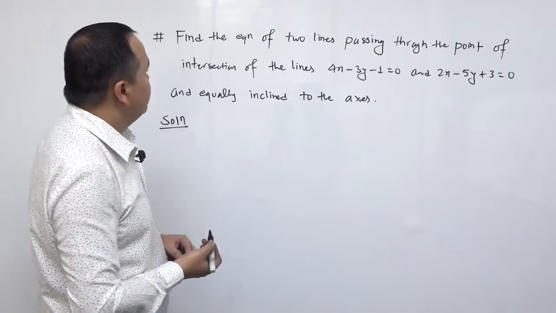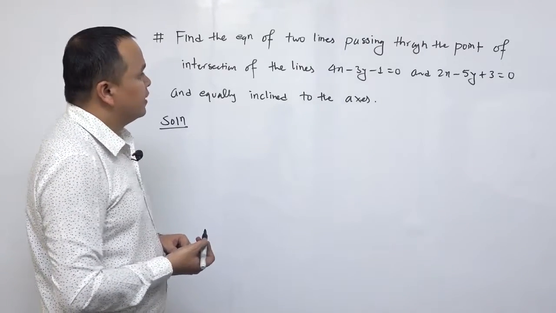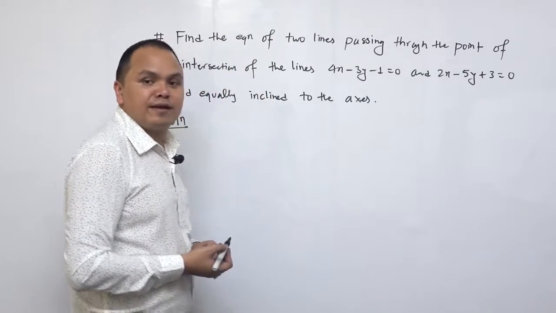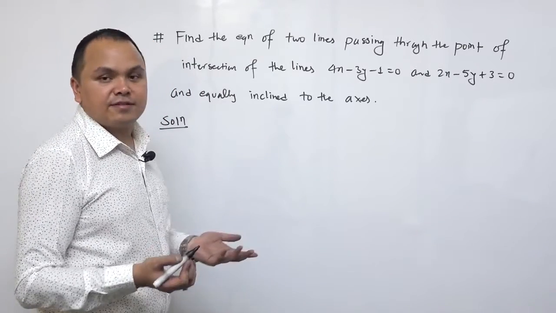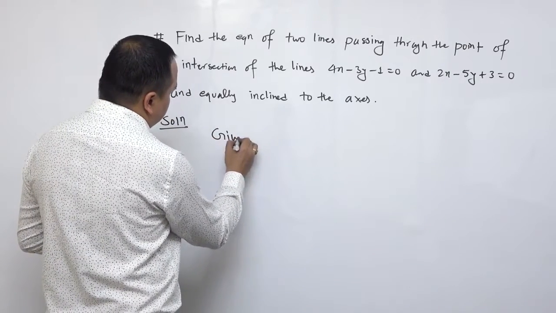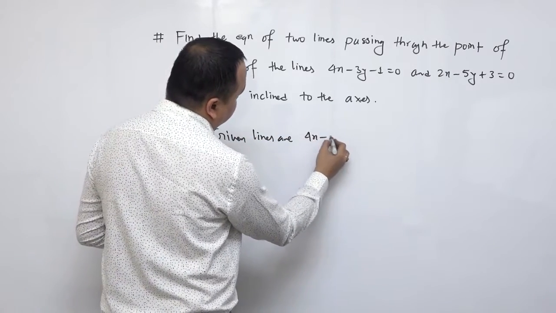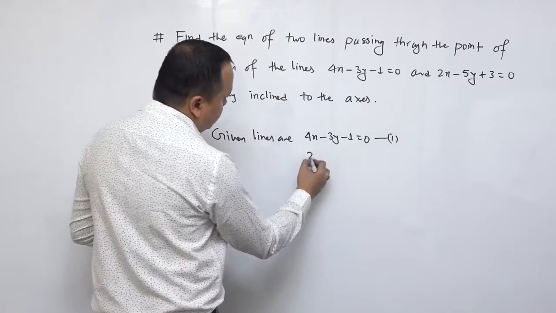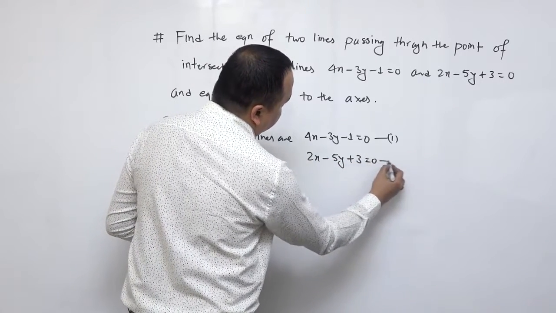Okay, we take another example. Find the equation of two lines passing through the point of intersection of the lines 4x minus 3y minus 1 is equal to 0 and 2x minus 5y plus 3 is equal to 0 and equally inclined to the axis. First of all, given lines are 4x minus 3y minus 1 is equal to 0, equation I, and 2x minus 5y plus 3 is equal to 0, equation II.